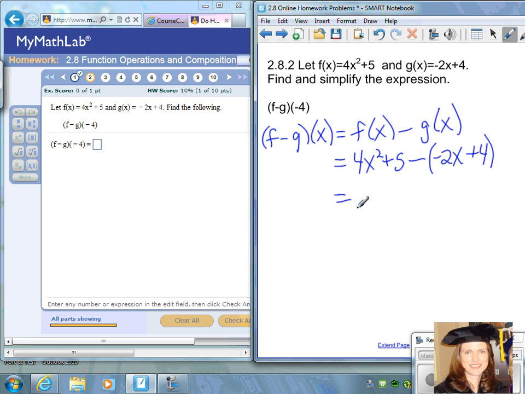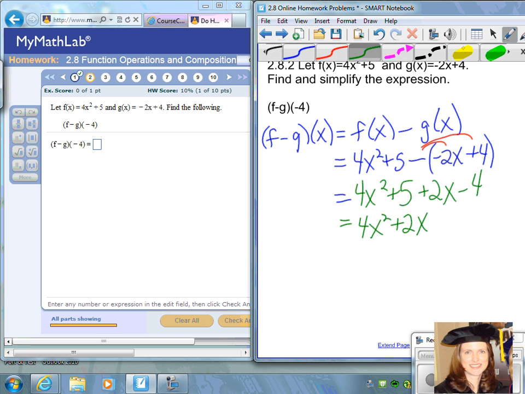When you simplify this, distribute the negative sign, and combine like terms. 4x squared plus 5 minus a negative 2x is plus 2x, and minus a positive 4 is minus 4. This simplifies to 4x squared plus 2x, and then we're going to combine this positive 5 with this minus 4, combine like terms to get plus 1.